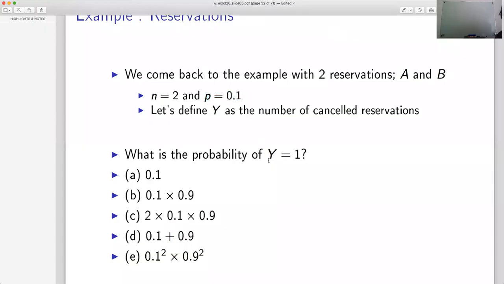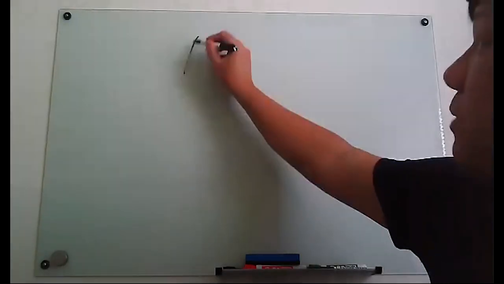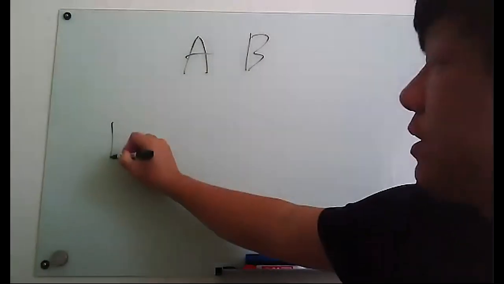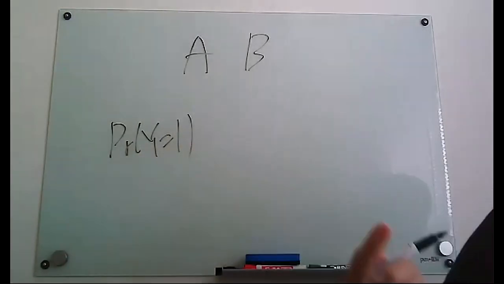So what is the probability that Y equals 1? We have 2 reservations, A and B, and I'm looking for the probability that only 1 reservation cancels.